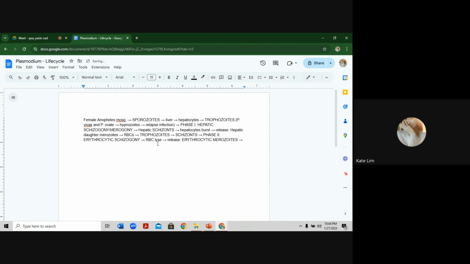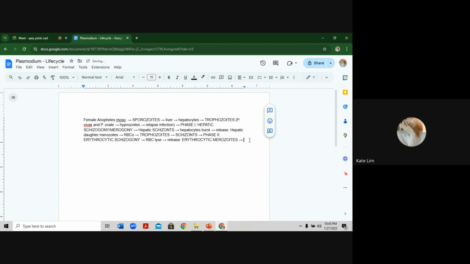But not all of the merozoites would be doing that. This is just very common to Plasmodium falciparum. Most of the strains or most of the species of your Plasmodium would undergo the final stage in the human life cycle. Instead of reinvading another RBC, they would undergo the process of gametogony.